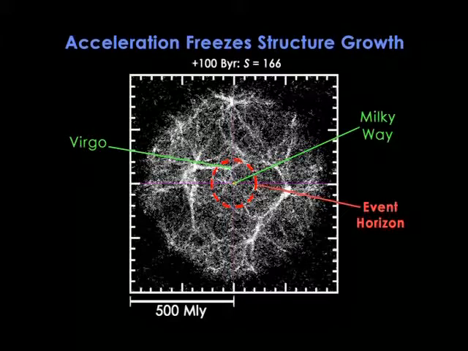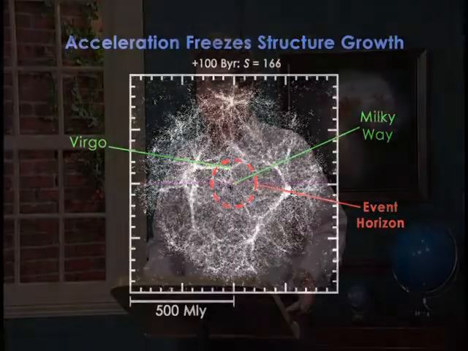It's called an event horizon. Now, as you might imagine, you can't see anything outside this circle because the light never gets to you. Ultimately, even the Virgo cluster will be outside the event horizon, and the universe will appear empty except for our own local ball of stars, what was once the Local Group.